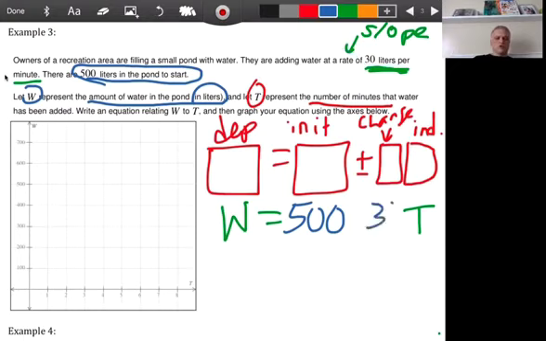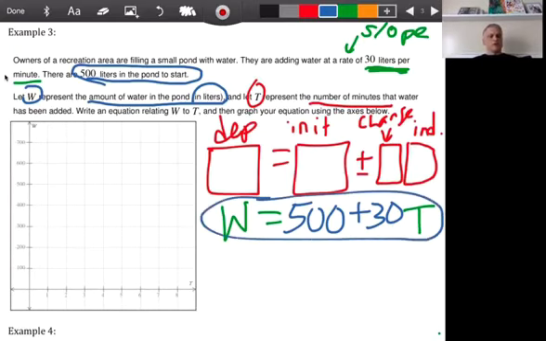So is it changing by positive 30 or negative 30? Is it rising or is it falling? Well, it's filling the pond. It didn't say it's emptying the pond, it's filling it. So that means it's going to be plus. All right, so there's our equation.